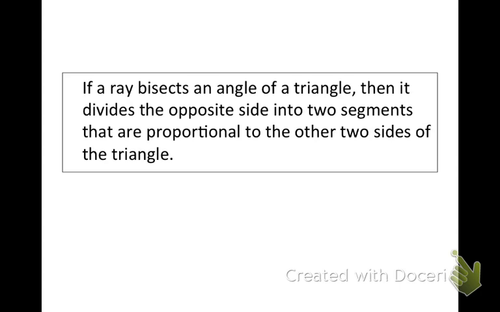If a ray bisects an angle of a triangle, then it divides the opposite side into two segments that are proportional to the other two sides of the triangle.